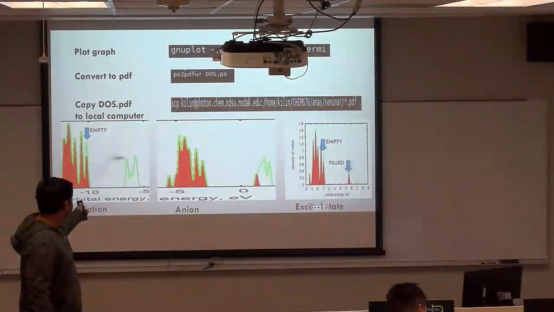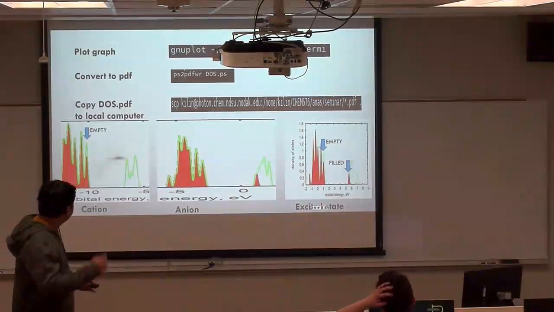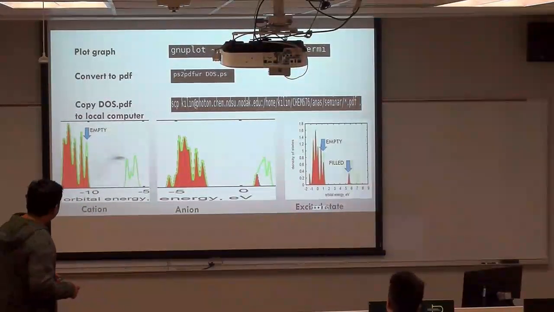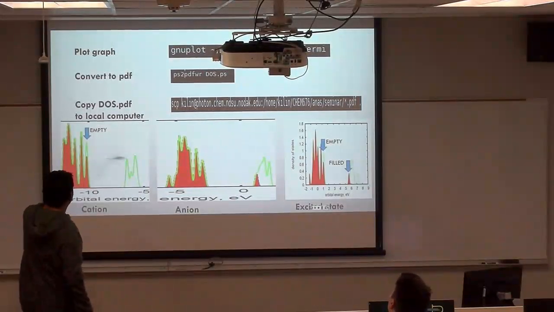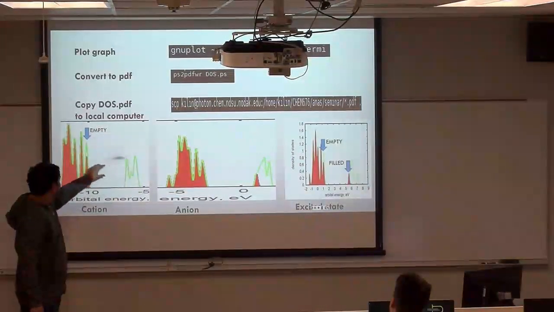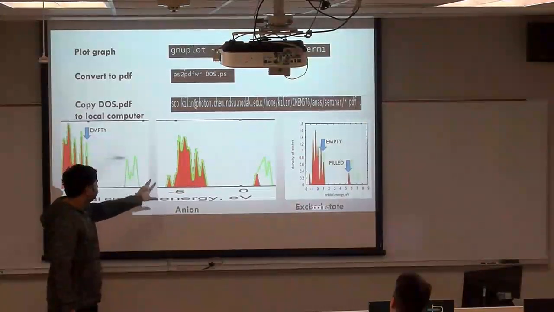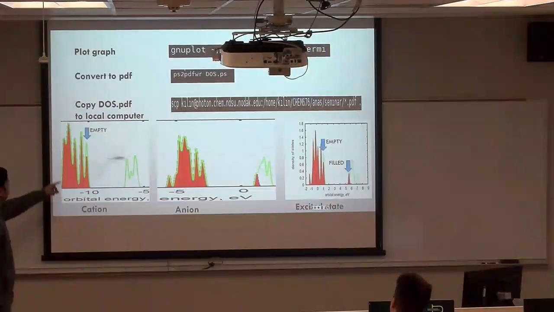And this is the plot of anion, cation, and excited state. You could see here in cation there is an unoccupied state in the valence, but in anion it's fully occupied, and in cation it's unfilled.